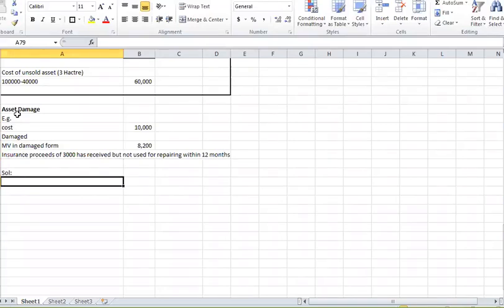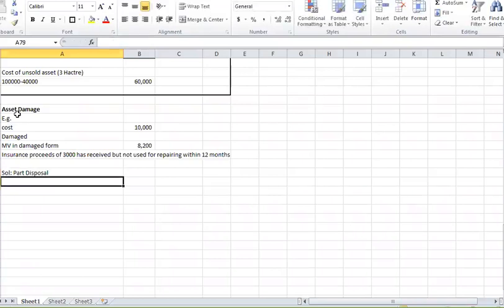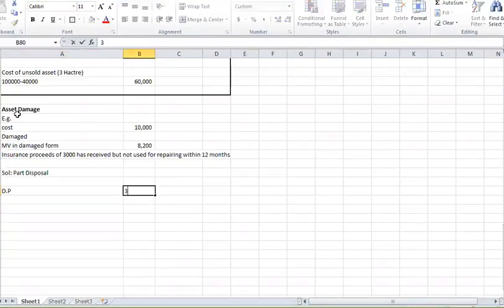In this case, it will be treated just like a part disposal. A portion of the asset has been transferred and you have received money against that portion. First, we write down the disposal proceeds: we have received £3,000 from the insurance company. And how do we calculate the cost?